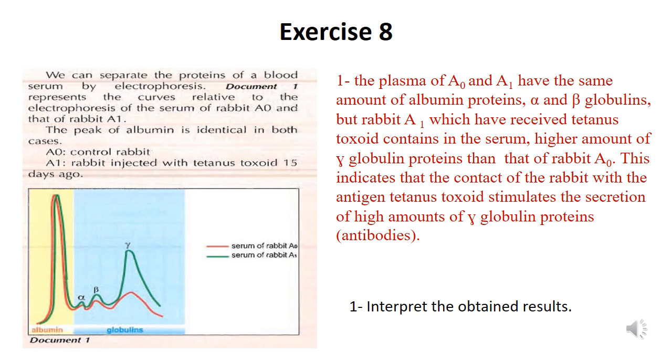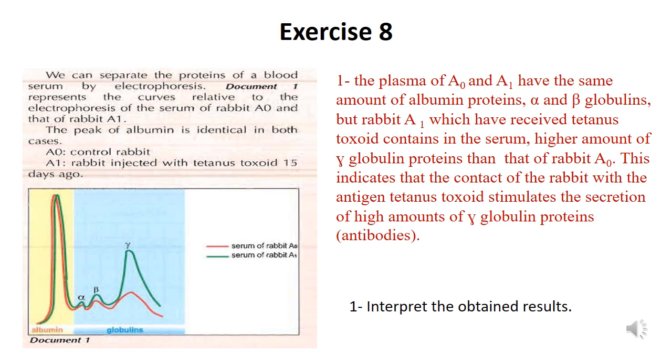So let's analyze. The plasma of rabbit A0 and A1 have the same amount of albumin proteins, of alpha globulins, and almost also of beta globulins.